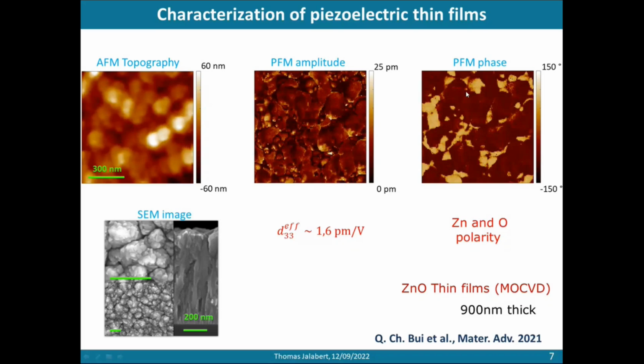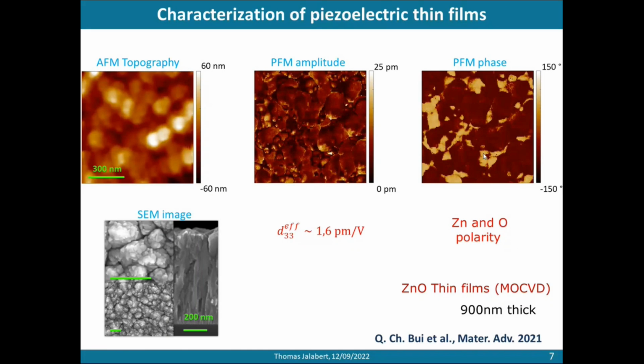What is striking here is that on this kind of thin film, there are both polarities, zinc and oxygen polarities, present at the surface of the material. This can lower the piezoelectric performance because the two polarities may compete.